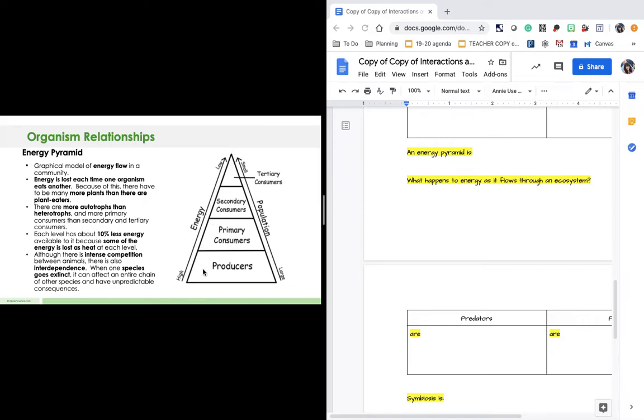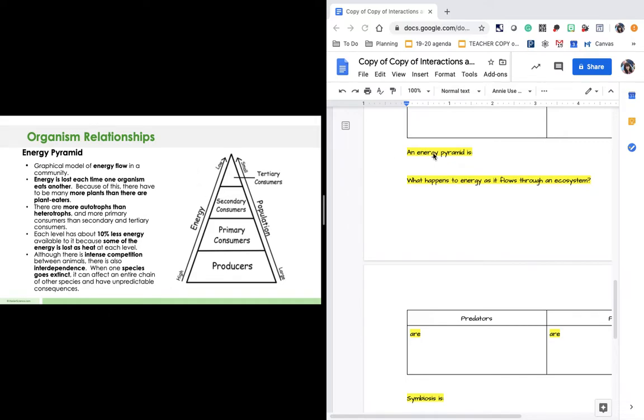Energy is lost as you move through a food web, which makes sense. Every level, think of it as you're dividing by 10. So if you have 100 producers here, you're going to only have 10 here, 1 here, and then 0.1 here, at the top.